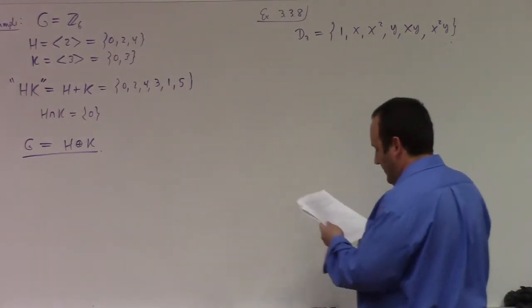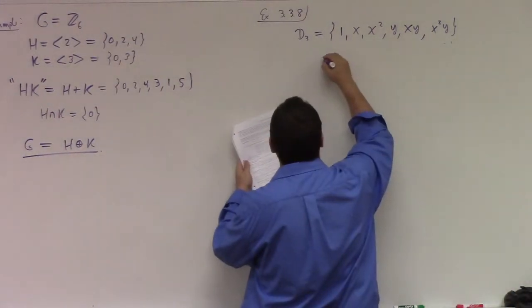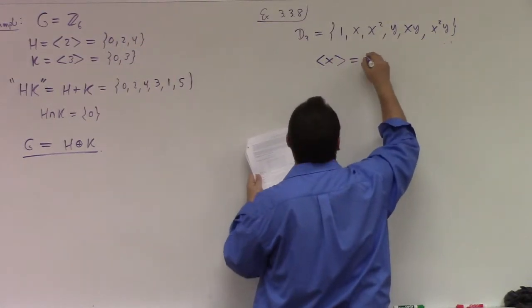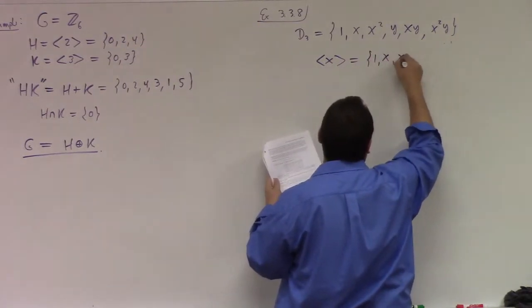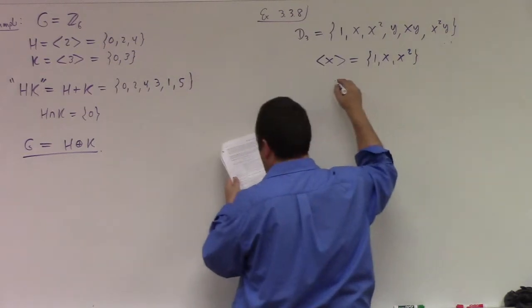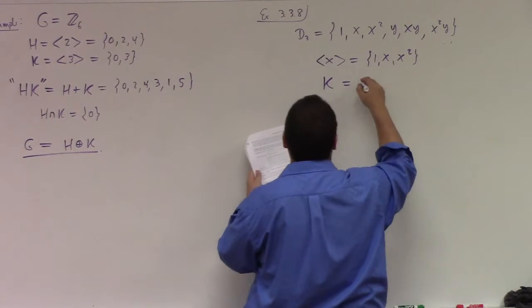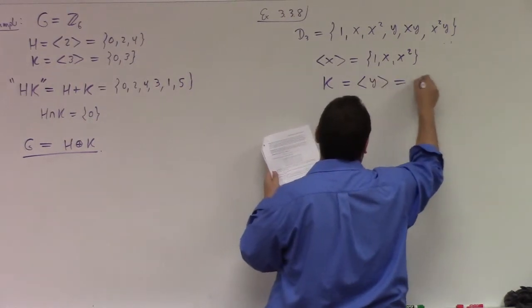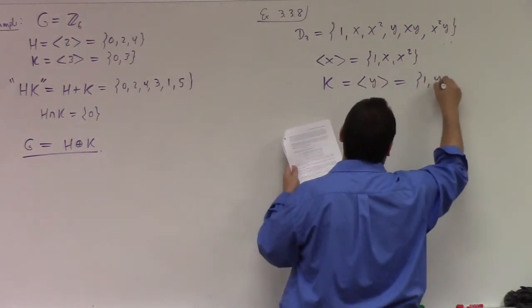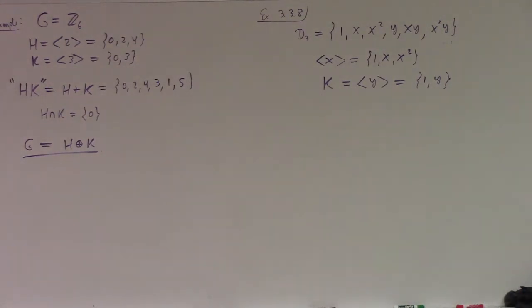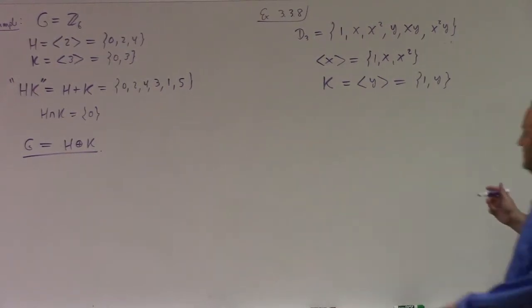So here we go. We can think about the subgroup generated by x, which of course is 1, x, x squared. We can think about the subgroup generated by y, which is just 1 and y. All right. So we've got two subgroups, and you can try it out.